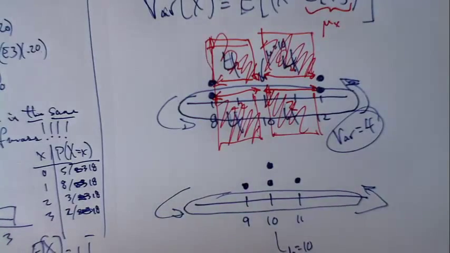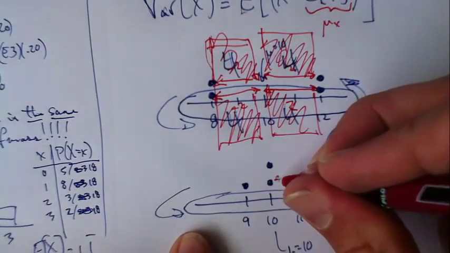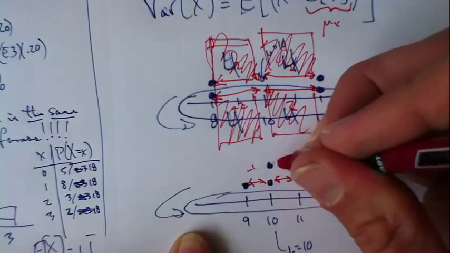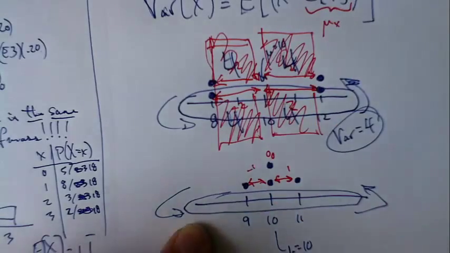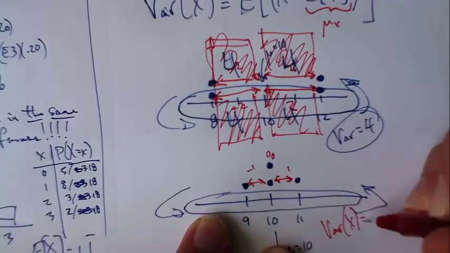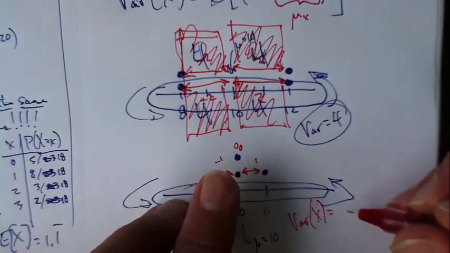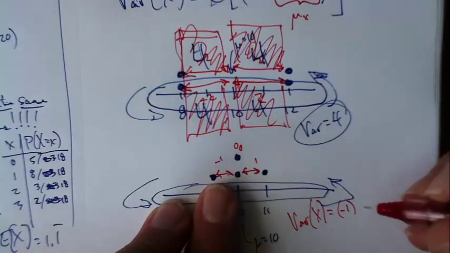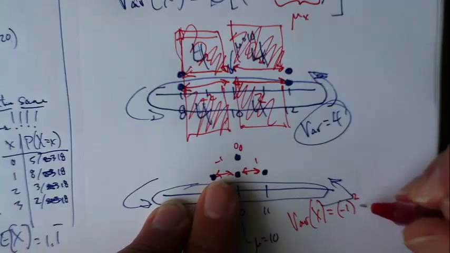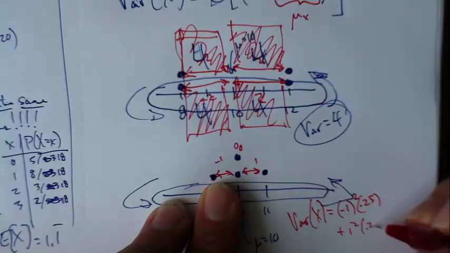What about here? This one is 1, right? And this one is negative 1. And these two are both 0 away from the mean. So what do you think the variance is down here? It's going to be negative 1 squared times the chance that it's at negative 1, which is a quarter, plus 1 squared times the chance that it's 1 times a quarter, plus 0 plus 0.